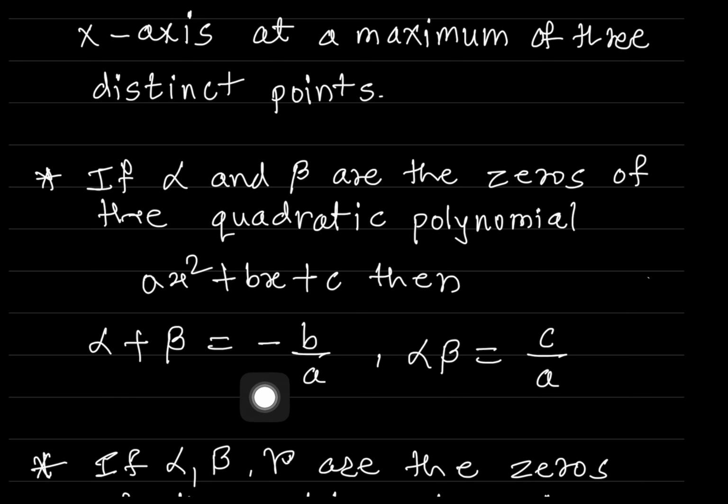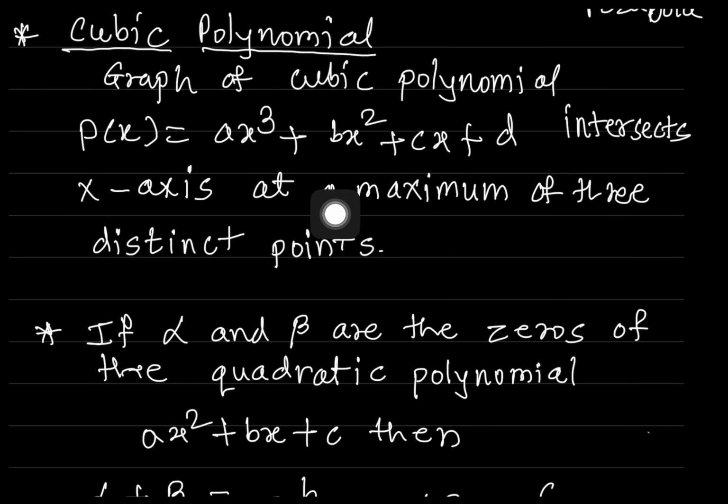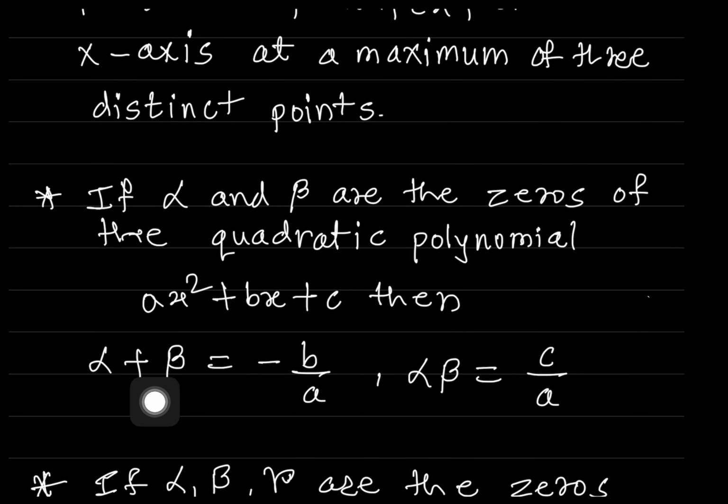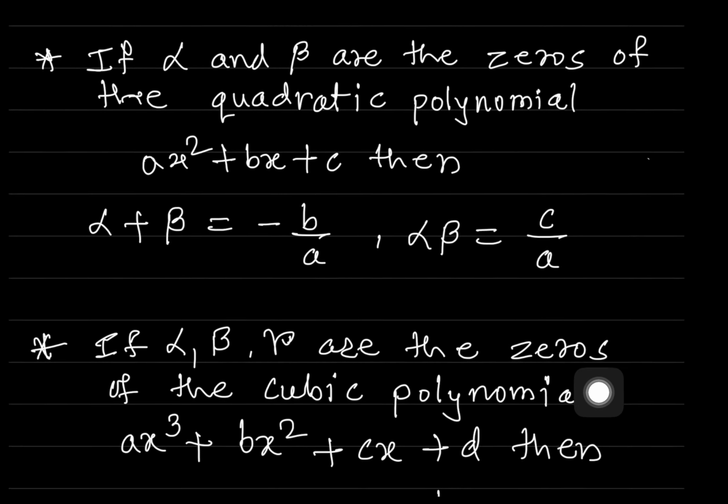Here a is the coefficient of x square, b is the coefficient of x, and c is the constant. So alpha plus beta equals minus b upon a, and alpha beta equals c upon a.